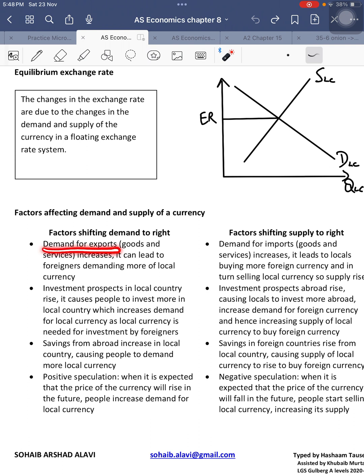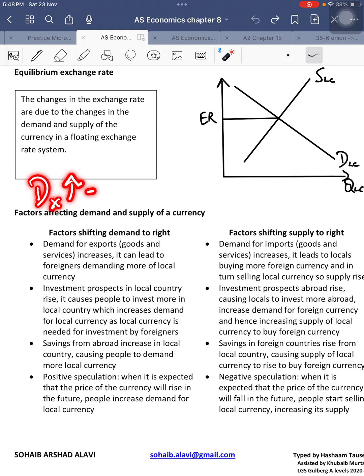When the demand for exports increases, that means foreign people living in foreign countries want to buy our local product. But in order to buy our local product, they first have to buy our own local currency.